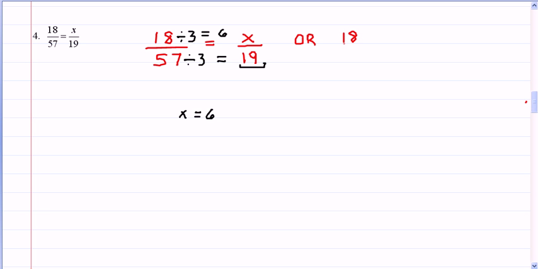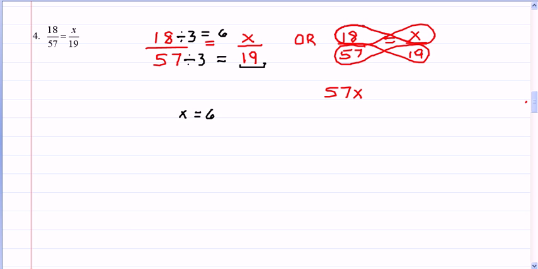So I'll rewrite the problem and show you again by cross multiplying in case that was confusing. So I start with this product because this one has the x. 57 times x is 57x. And then if I take 18 times 19, I'll show that work on the side.